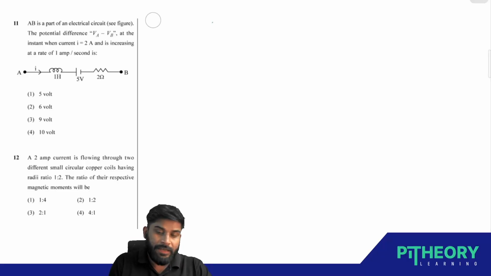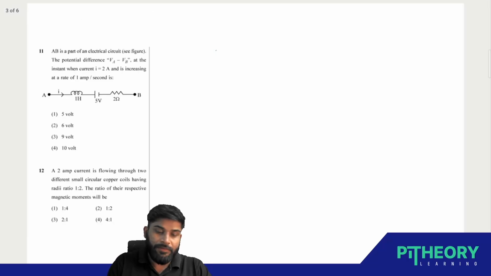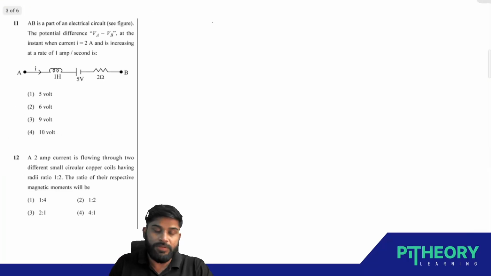If you take the rate of change of current, suppose di by dt, the induced EMF across that, you can write it as what? Minus L di by dt. The current is increasing, so this will be opposing. That you need to keep in mind, correct? You can consider this as an opposing EMF. How much is that equal to? Minus L di by dt, correct? That you need to know.